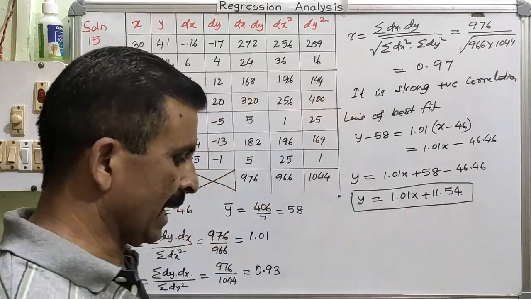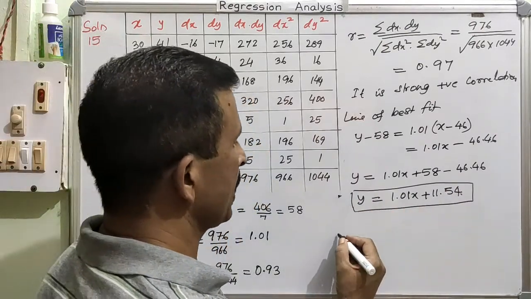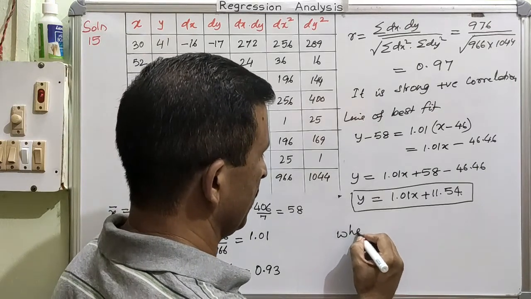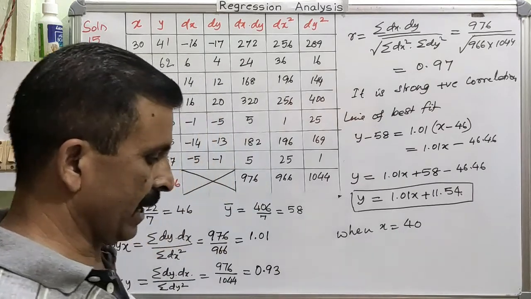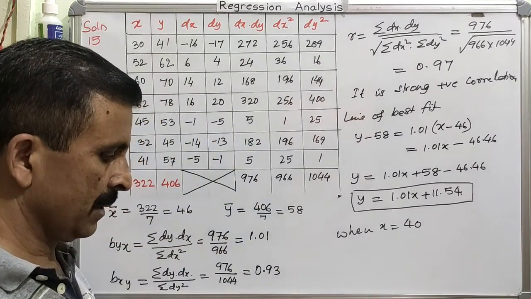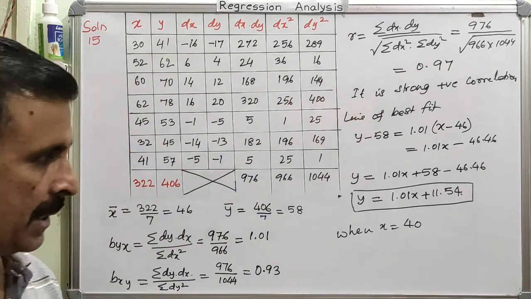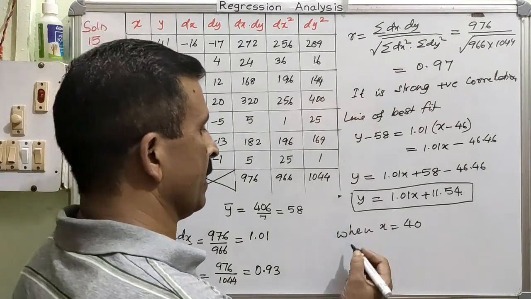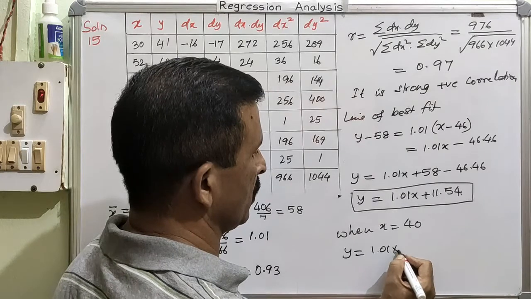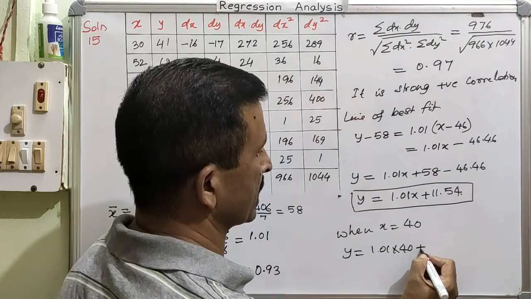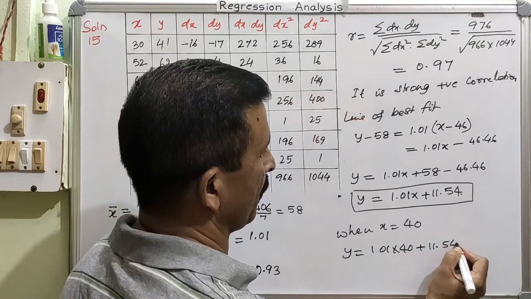Is this okay? And the last part we have to calculate: when your x is equal to 40, then what is the value of y? So y will be equal to 1.01 into 40 plus 11.54.